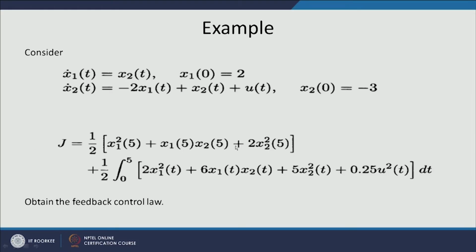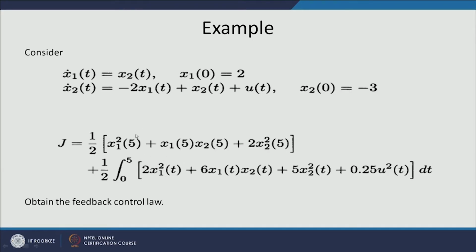Our objective is to determine the optimal control law u(t) which will minimize the performance index J given here. We can see in this example we will have the terminal cost as well as the integral cost.